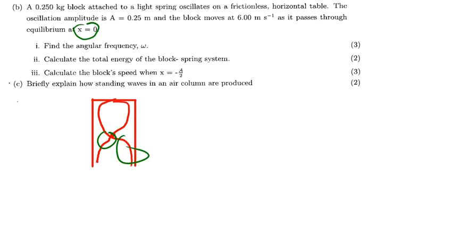The best explanation you can give is that standing waves can be produced as a result of the interference between sound waves traveling in opposite directions.